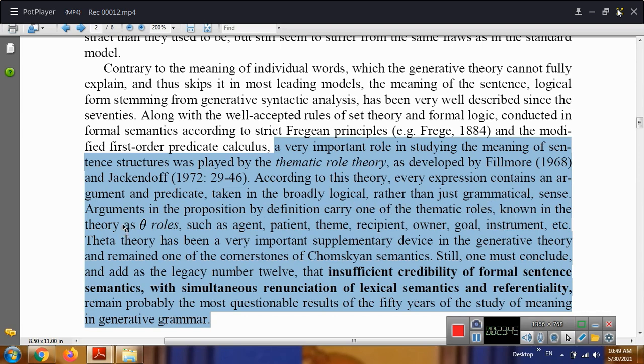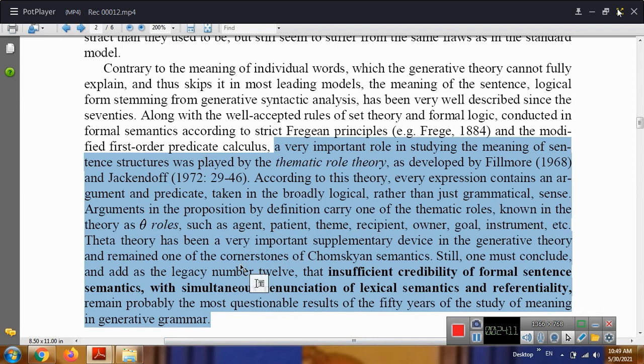Arguments in the proposition, by definition, carry one of the semantic roles, known in the theory as theta roles, such as agent, patient, theme, recipient, owner, goal, instrument. Dear student, these lines are very, very important.